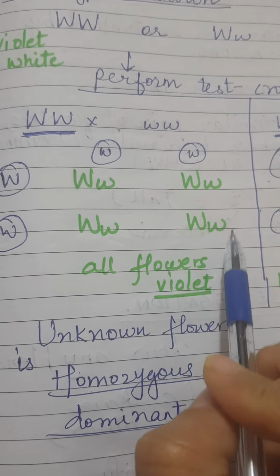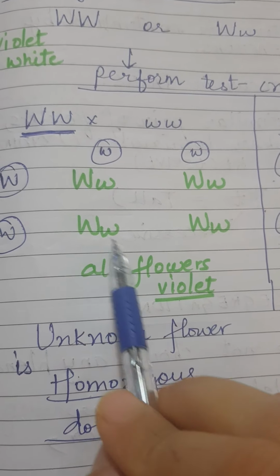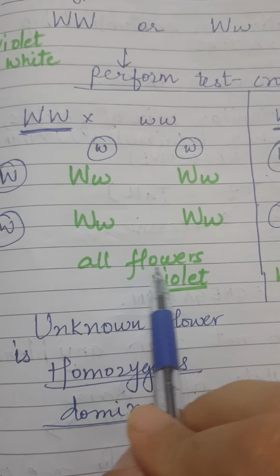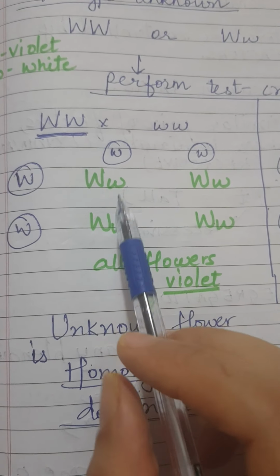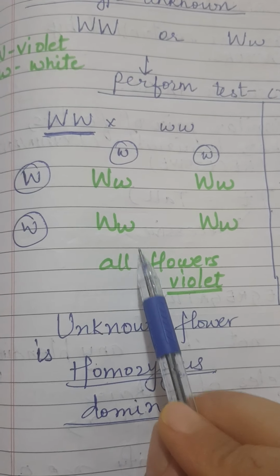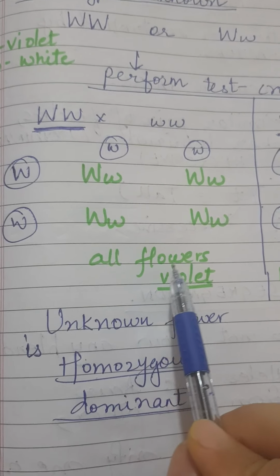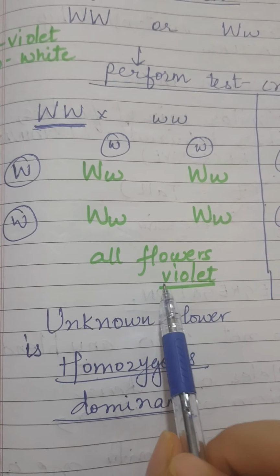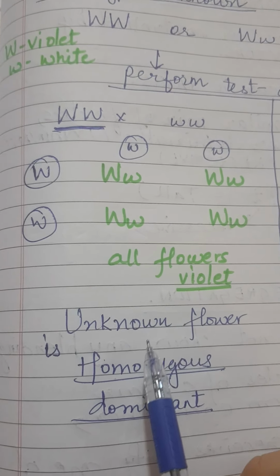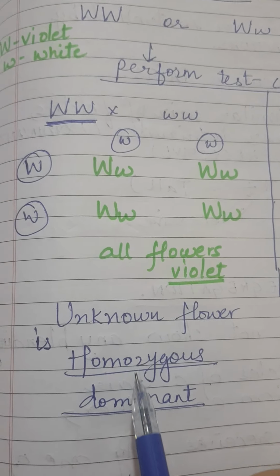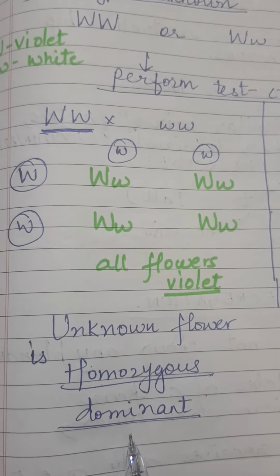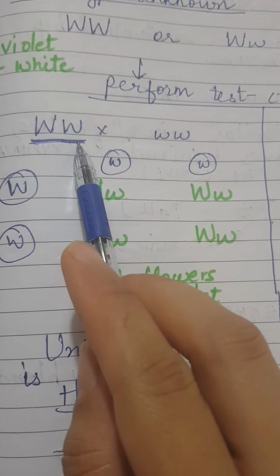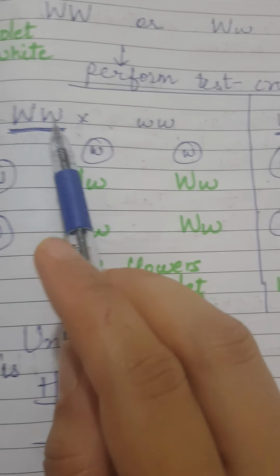All the flowers will be violet, because violet is dominant over recessive, so the progeny is heterozygous. If we get all the flowers with the dominant trait, we will come to know that the genotype of the unknown flower is homozygous dominant. We can clearly see that we started with a homozygous character.